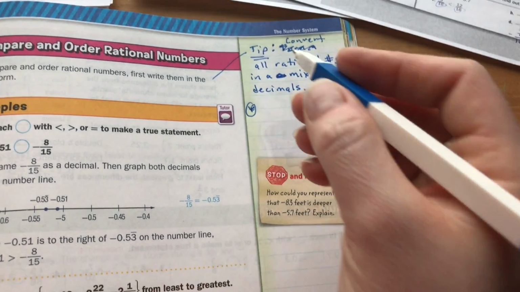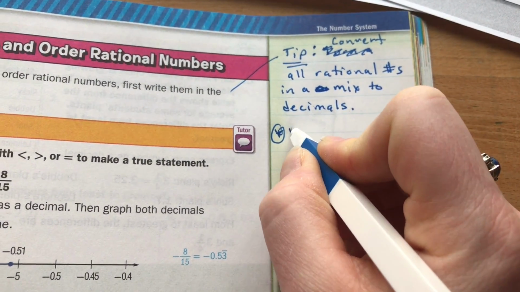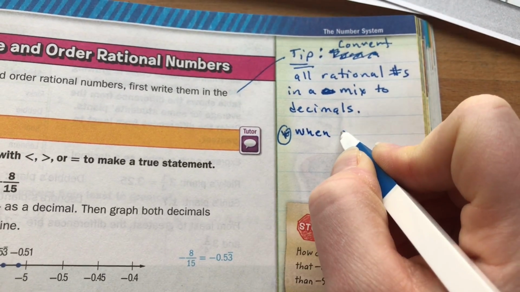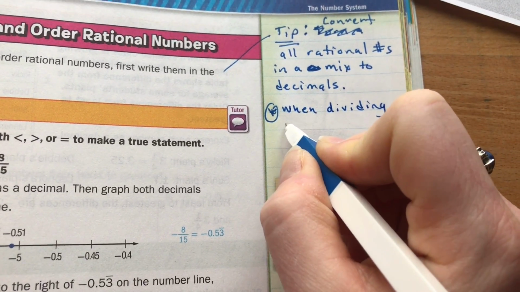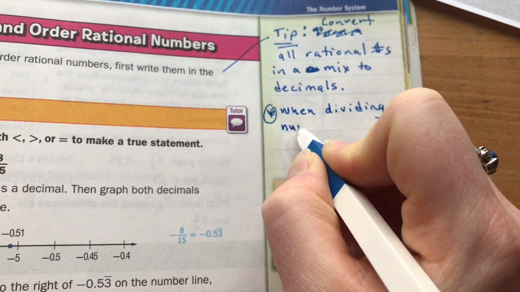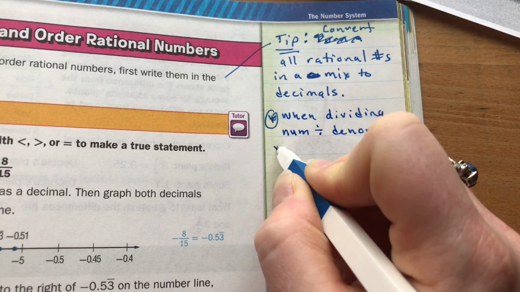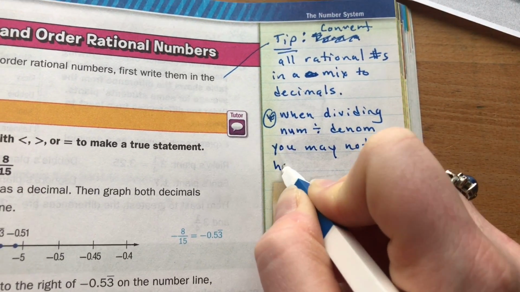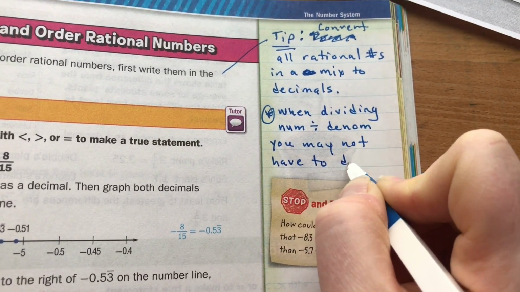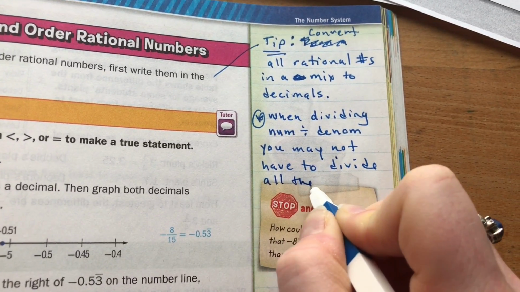So we're going to refer back to this later. When dividing numerator divided by denominator, you may not have to divide all the way.